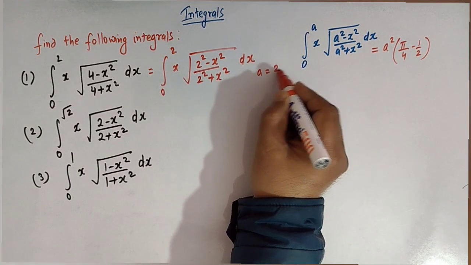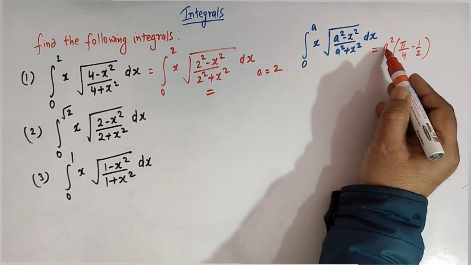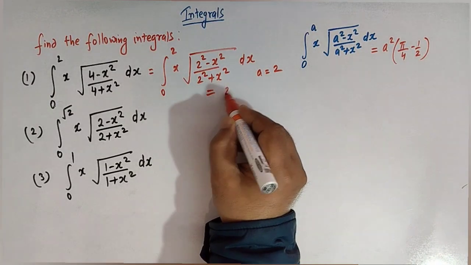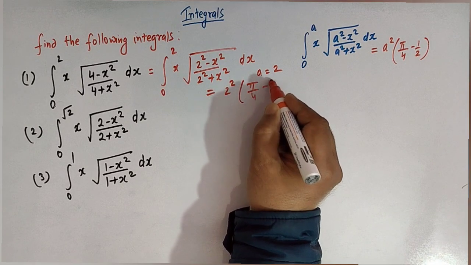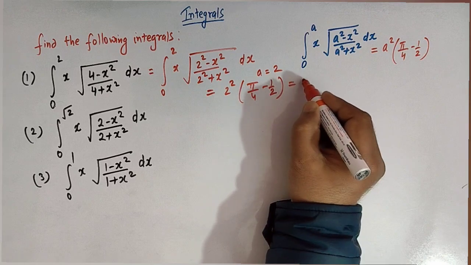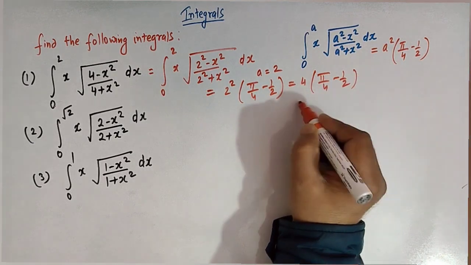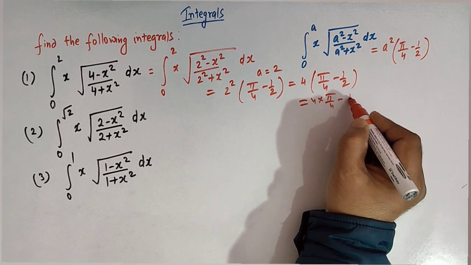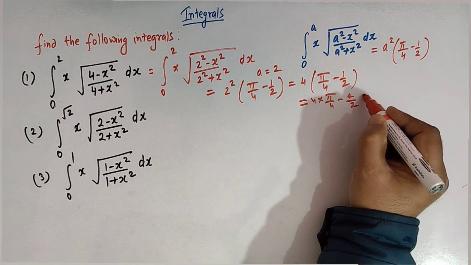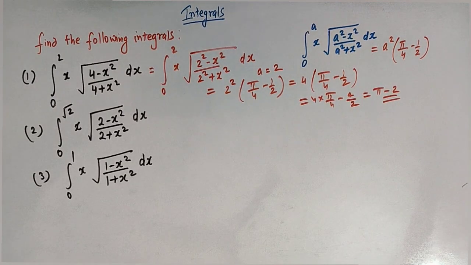So here the value of a is 2. The value of this integral can be written as a square, so 2 square, multiplied by (pi by 4 minus half). So we have 4 times (pi by 4 minus half). This is 4 times pi by 4 minus 4 over 2, and this is pi minus 2, right?